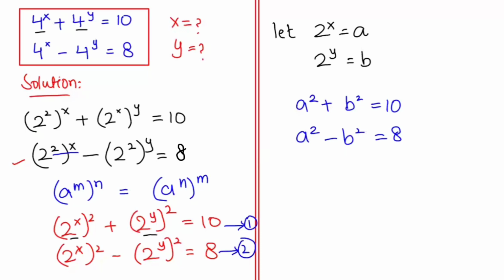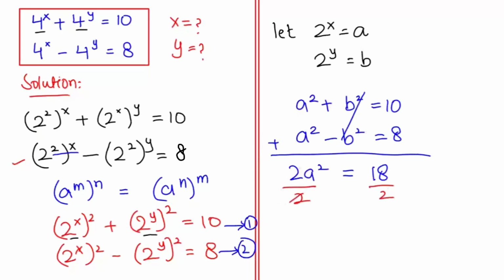Now I am going to add both these equations. So it will be 2a square, and the b squares get cancelled, and on the right side this will be 18. Now this 2 is multiplying, so we are going to divide both sides by 2. This and this get cancelled, and 18 divided by 2 is 9.